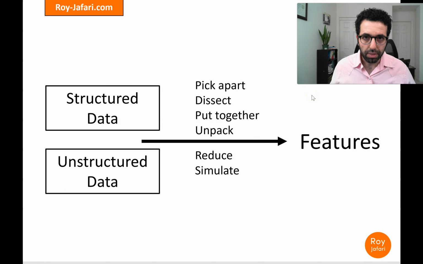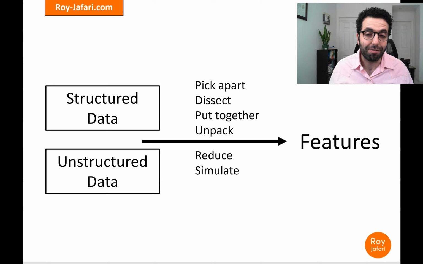All right, so the process of feature extraction as shown in this slide is basically, regardless of the type of data you have, it could be structured data or unstructured data, you do a series of different things to this data. It could be dissecting it, picking it apart, unpacking it, simulating it, anything you can think of in the pursuit of creating features or extracting features from this data is feature extraction.